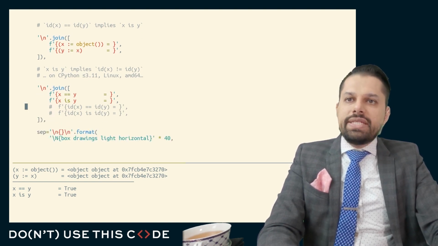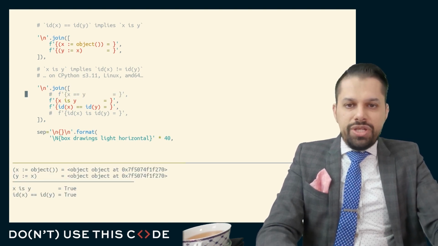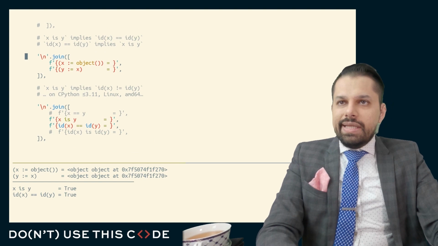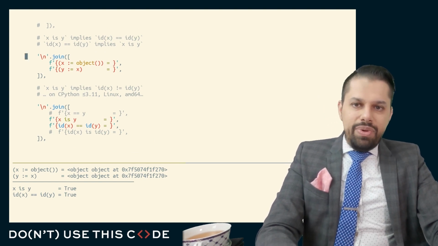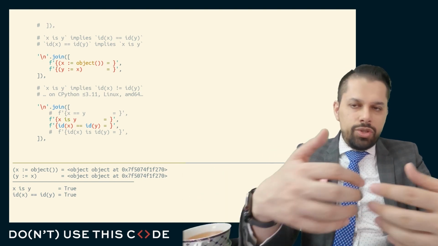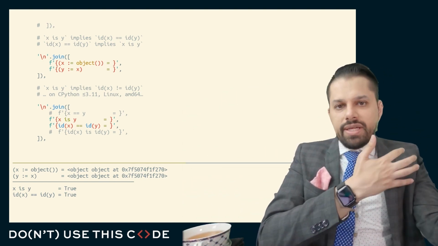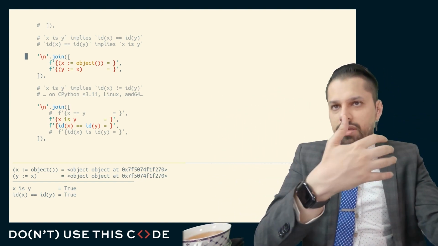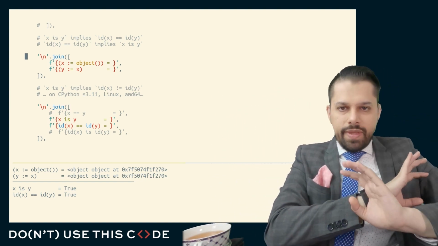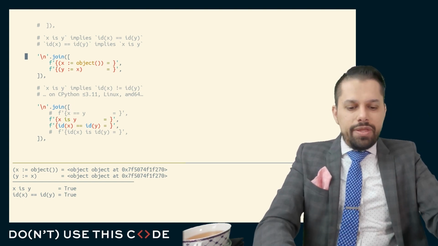If we extend this to ask whether these things have the same identifier, well, the ID being the same is the same thing as it being the same object. So x is y implies the ID of x equals the ID of y, and the ID of x equals the ID of y implies x is y. That's always the case. That's a guarantee in Python, and it will be the case in every Python interpreter.